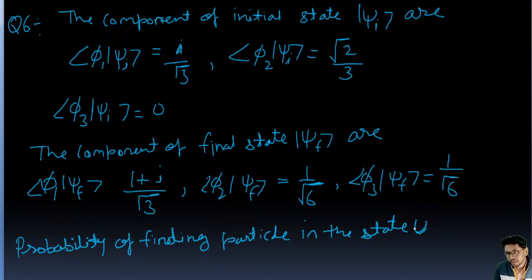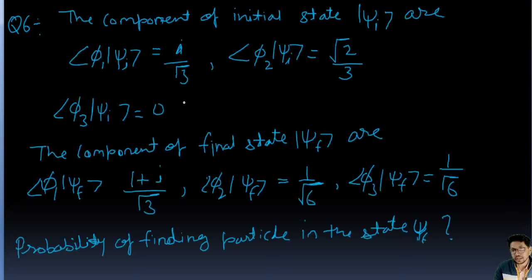So this is the question. The components of the initial state psi i are given, phi 1, phi 2, phi 3, and the components of the final state psi f are also given. So you need to find the probability of finding the particle in the state psi f. Very good question. We are going to solve it.